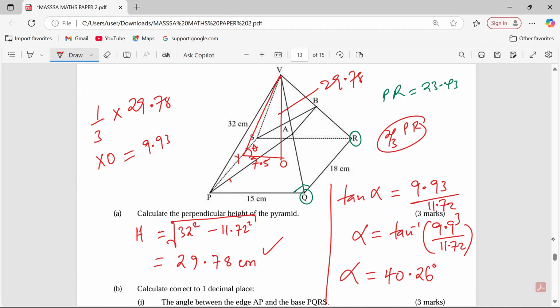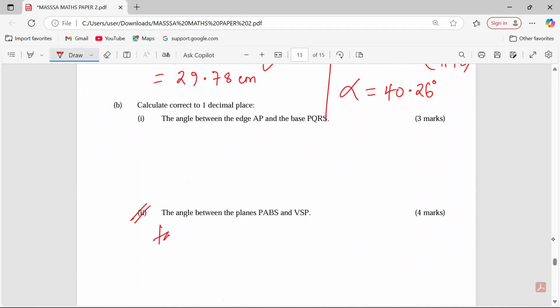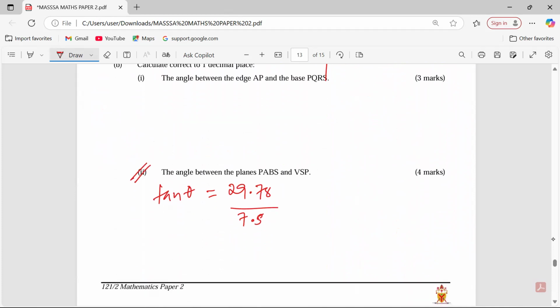So we apply tangent again. Tan theta will be equal to opposite 29.78 out of 7.5. Then we get theta by tan inverse of 29.78 out of 7.5.